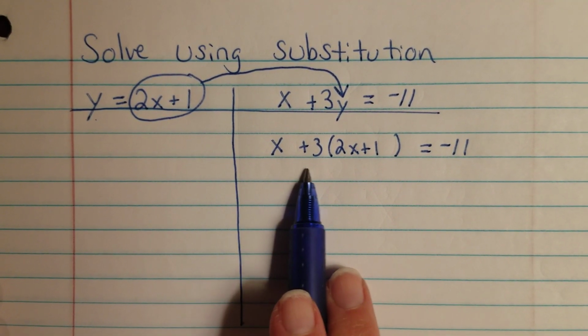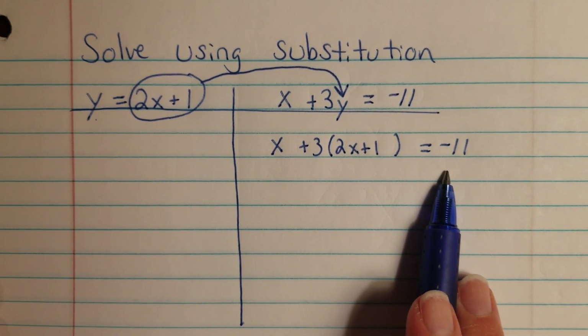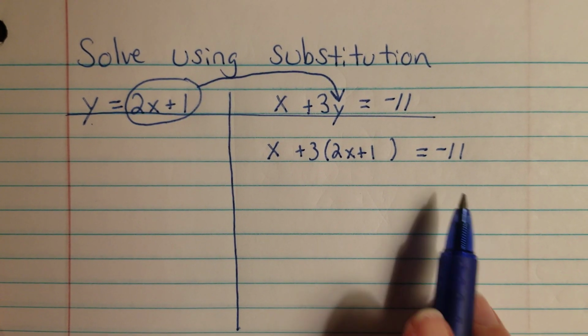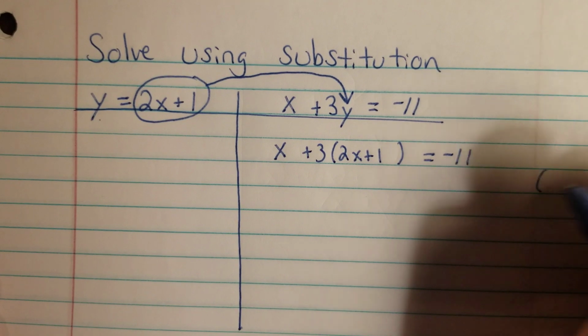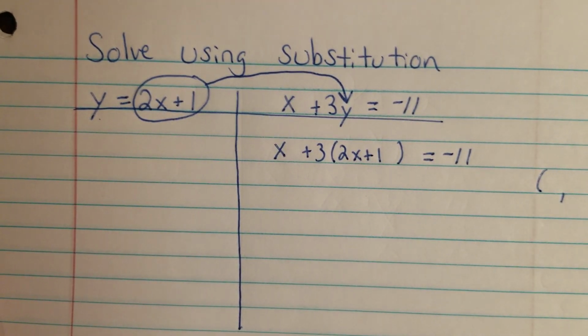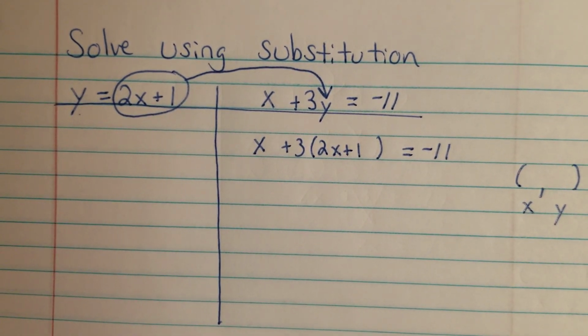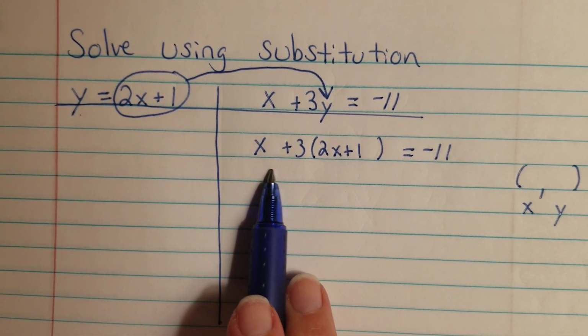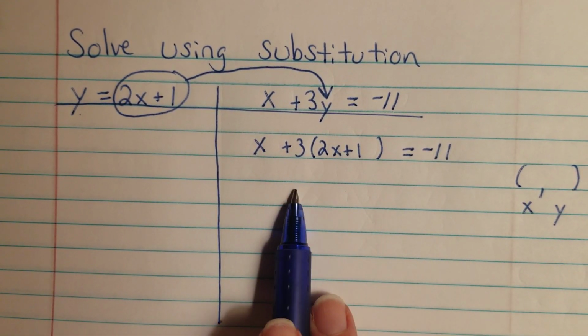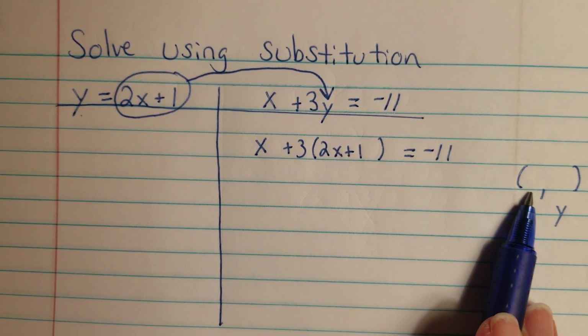Now I have a multi-step equation where I need to solve for x. Remember, when you're solving a system of equations, you are trying to find the ordered pair x, y. I need the x value and I need the y value. So if I can solve this multi-step equation, I'll have my x value.